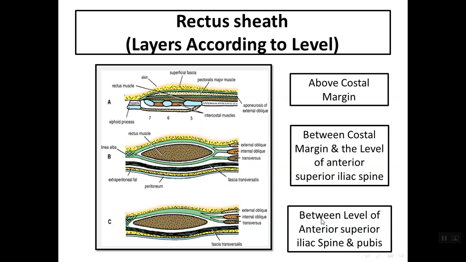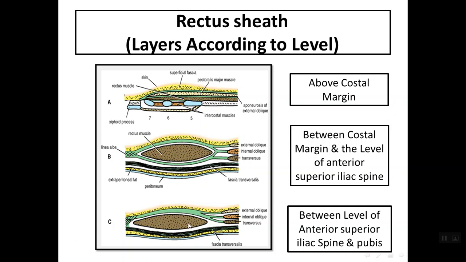What is below the level of the anterior superior spine until we reach the pubic symphysis and the pubis? The three layers of the aponeurosis, that of the external oblique, internal oblique, and transversus abdominis, all of them will pass anterior, and then we have no posterior wall of the rectus sheath.